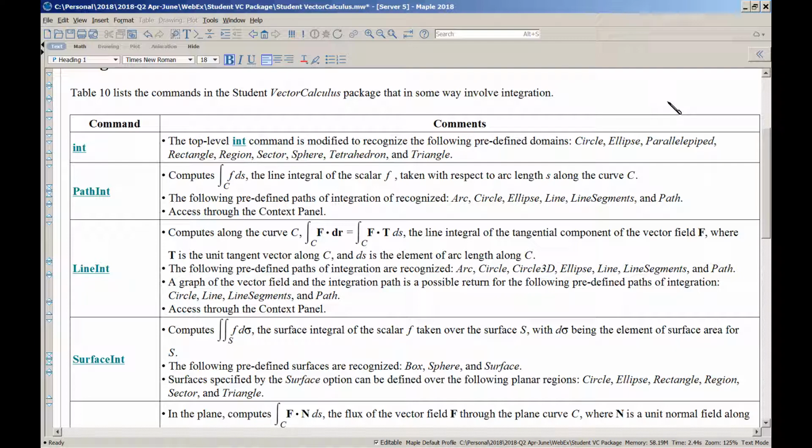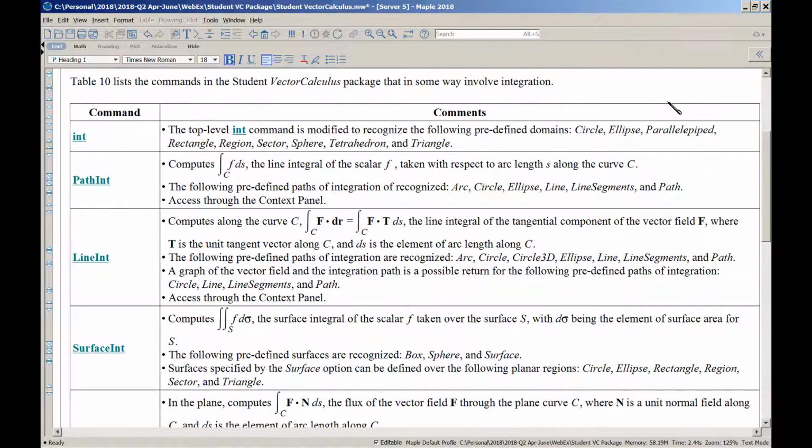integration commands in the package. And I will say this before I get started. The PhysicsVectors package has some very nice tools for doing vector calculus, but it has no tools for doing anything with integration.